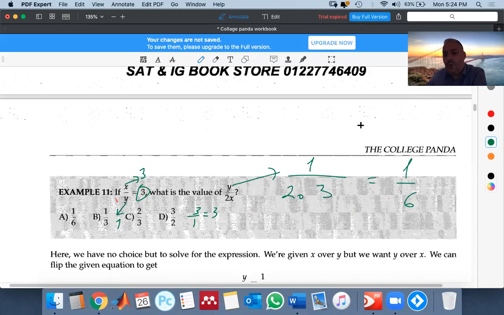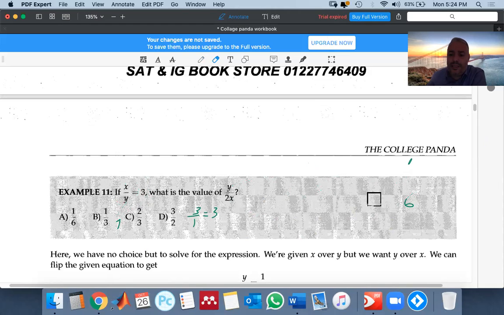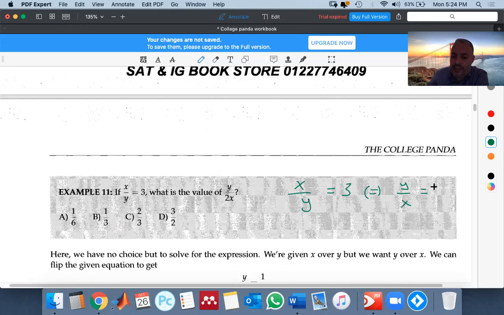Another way, third way, is this clear for you? Yes. The third way is a little bit advanced level. x over y is equal to 3, if and only if y over x is equal to 1 over 3. Can we say this? Think a little bit. Yes, you can.